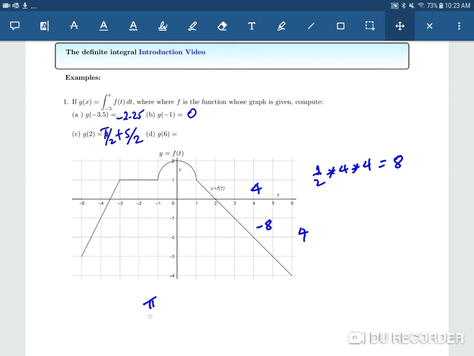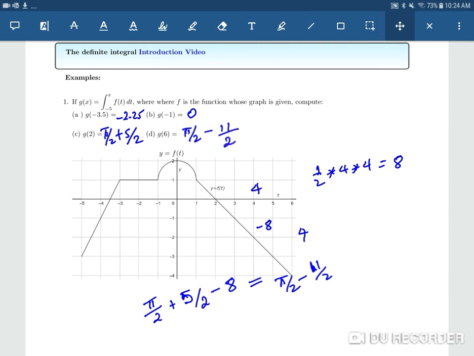So what you get is pi over 2 plus 5 over 2 minus 8. This is 16 over 2, so it gives you pi over 2 minus 11 over 2. So g of 6 is pi over 2 minus 11 over 2.